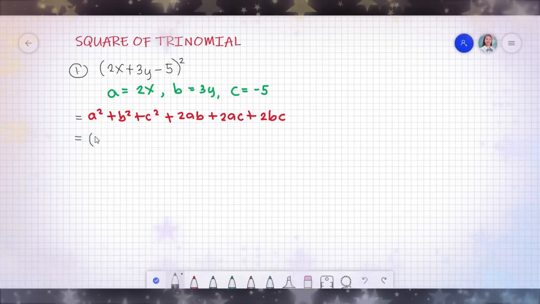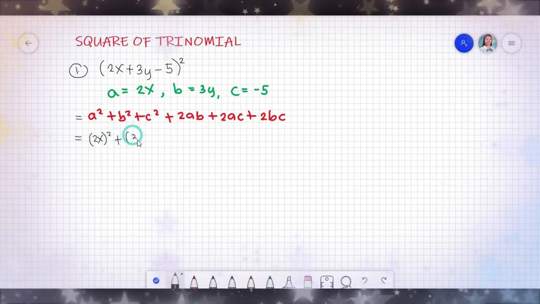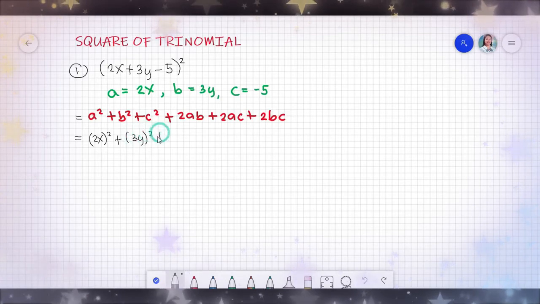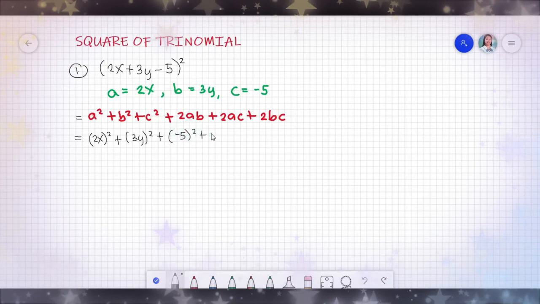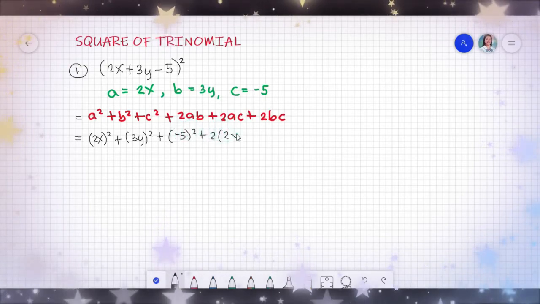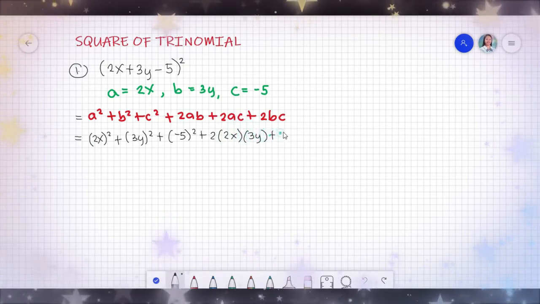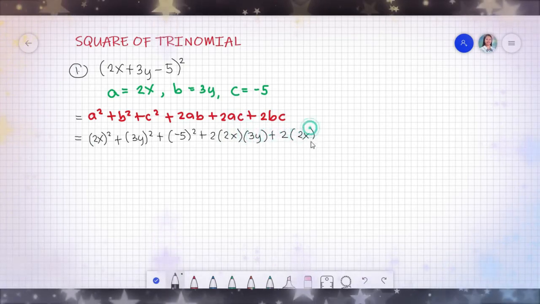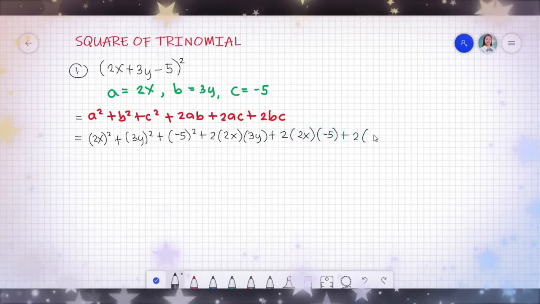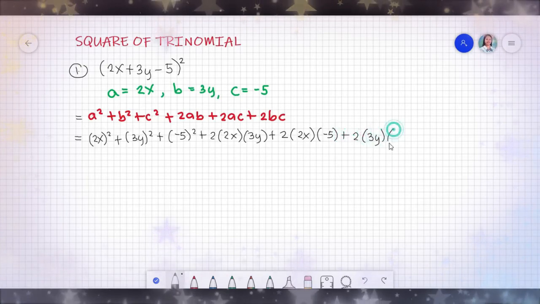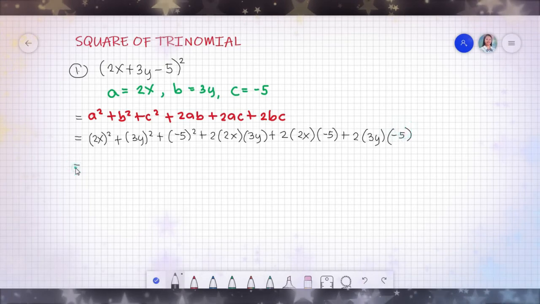So that would be (2x) squared plus (3y) squared plus (negative 5) squared plus 2 times 2x times 3y plus 2 times 2x times negative 5 plus 2 times 3y times negative 5.